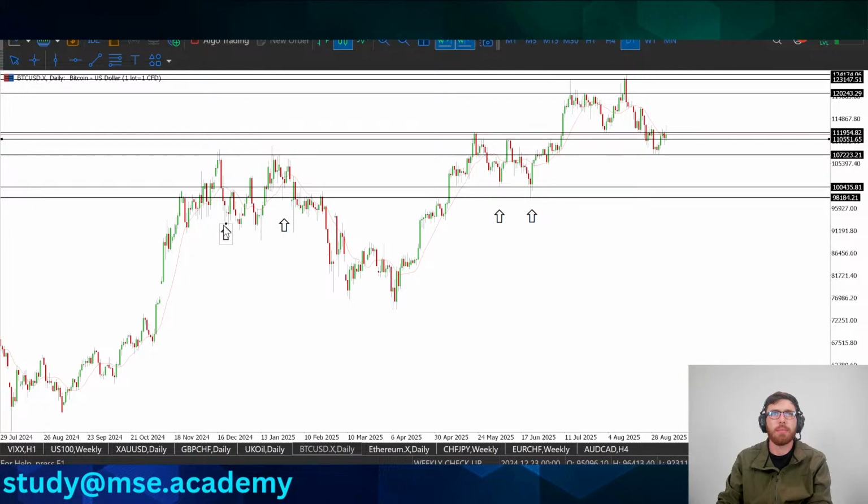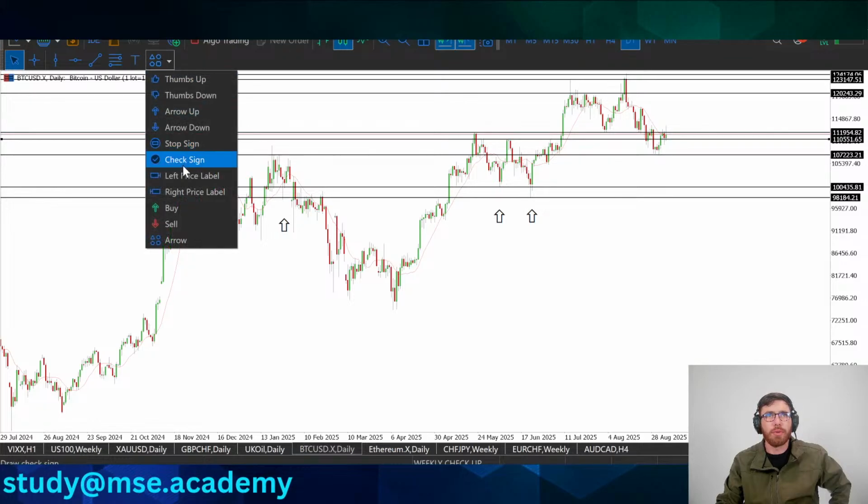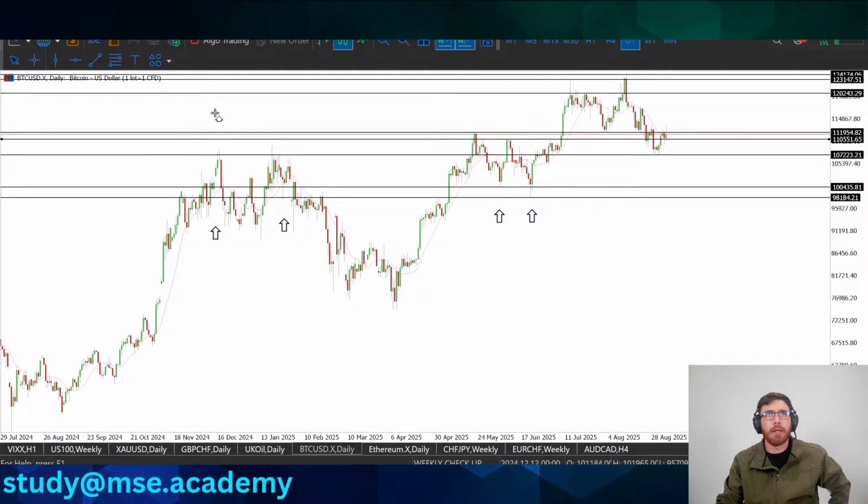So you can see that the markets here have been respecting these support and resistance levels. And that has been quite important too. This just shows how important it is to set up your historic support and resistance levels, because historically, when you go back into the charts, then you can normally figure out why those levels are being respected. So these are definitely some strong support and resistance levels.